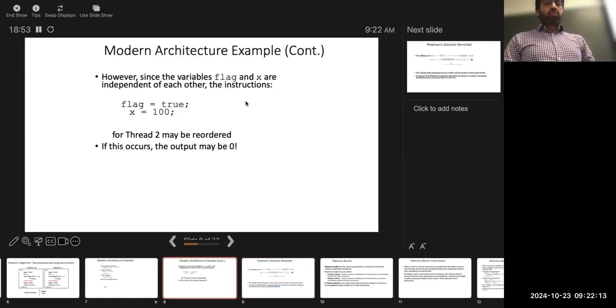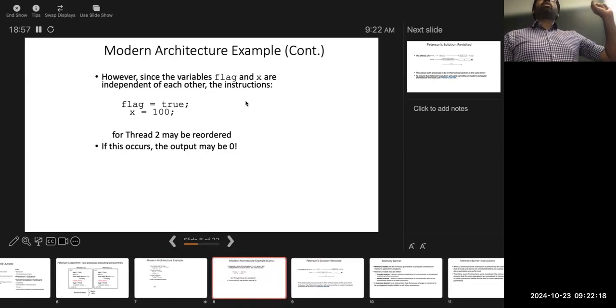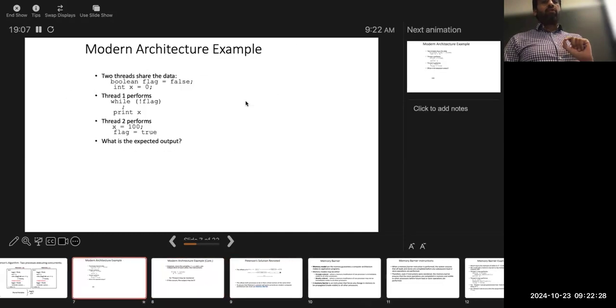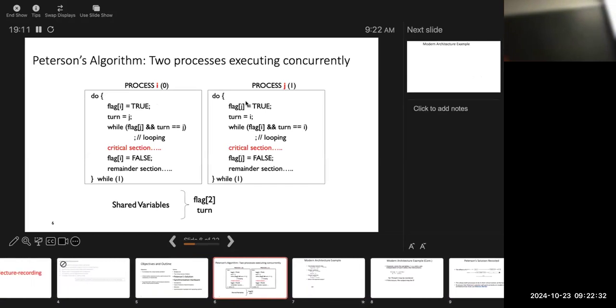Okay. So this reordering of instructions is the reason which makes Peterson's algorithm fail on modern systems. How? If you go here in this figure or in this slide, you have process 0. What is process 0 doing here? Let me again write process 0.